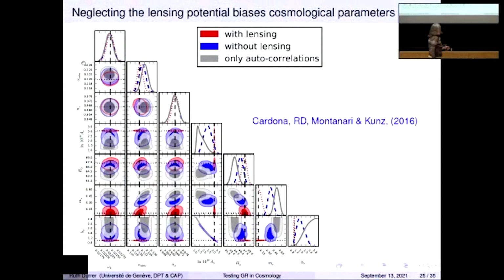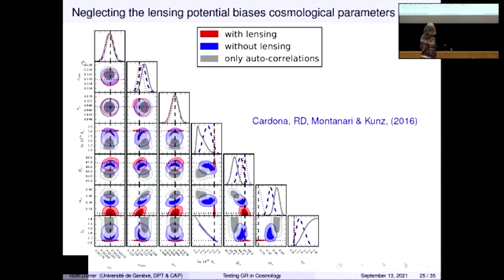If you don't take into account this lensing term, you find a very nice measurement of the neutrino mass of about 0.3 electron volt, which is wrong. And we can also physically understand why you get that, because this lensing term does something which is similar to what neutrinos do, namely a little bit wash out small scale fluctuations.